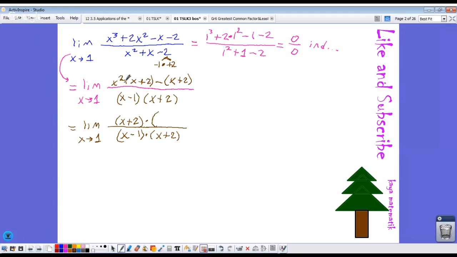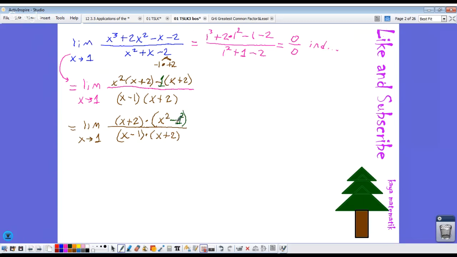Now open parentheses. From the first place, x squared. From the second place, there is minus 1 times x plus 2, so x squared minus 1 will be there. x squared minus 1 is in the form of a squared minus b squared. 1 can be shown as 1 squared.